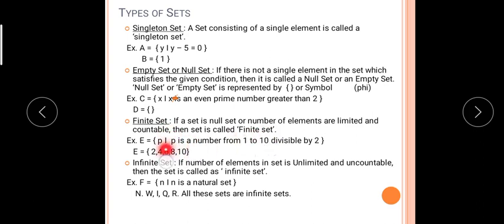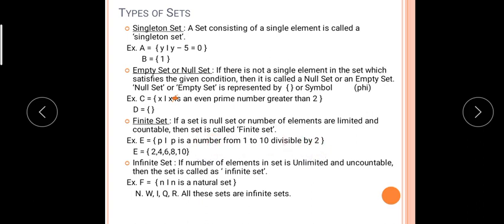Now E is a set of all p such that p is a number from 1 to 10 divisible by 2. How many numbers are there?